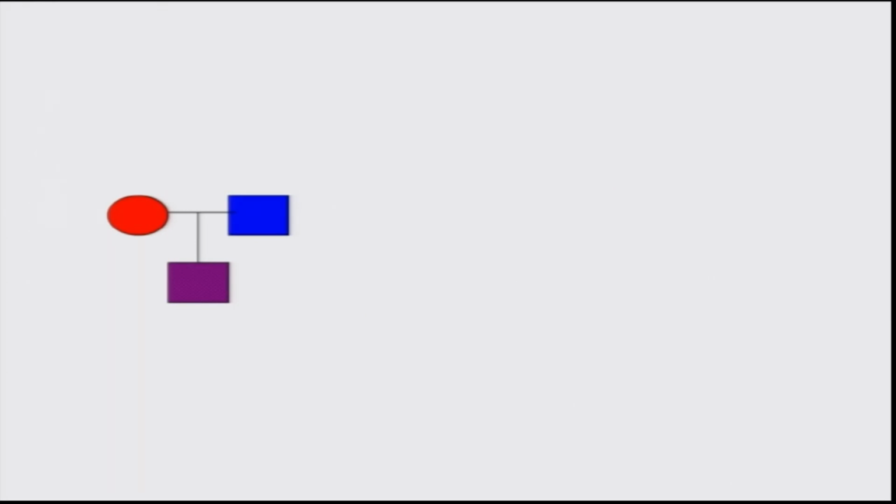We are going to look at a puzzle that would help you understand the concept. This particular individual, who is born to a male and a female, has a mixture of the DNA that he inherited from his father and mother.